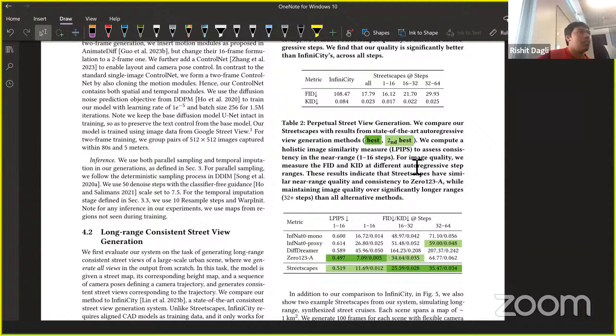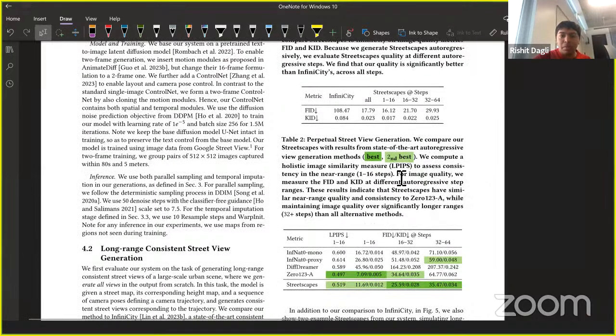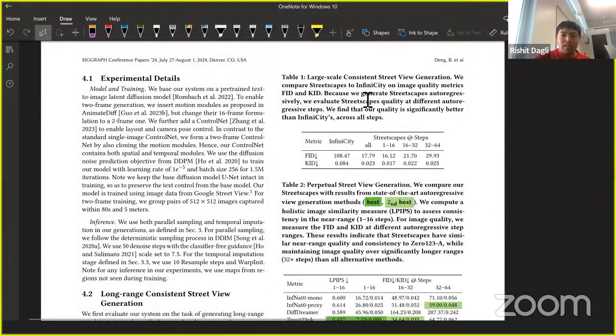If you rerun it on the same map, you can most certainly end up with a very different looking scene, and that's very much okay. You can have multiple ground truths for this kind of problem by its nature, right? But they still show some interesting results for perpetual generation and large scale generation of these kinds of videos.